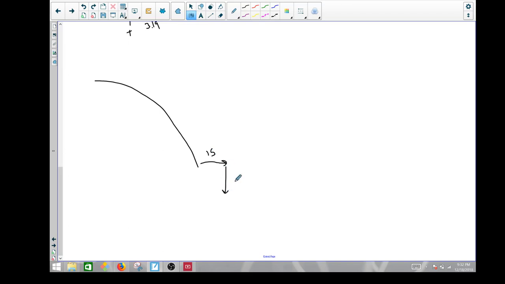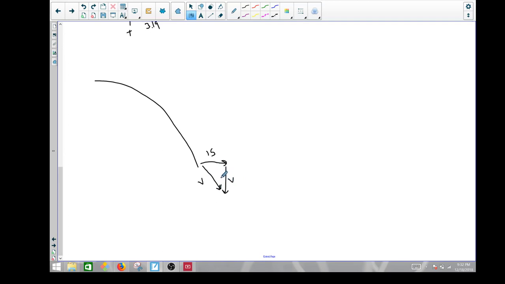The resultant of those two vectors is my overall velocity as I hit the ground, and you can see the triangle. This angle right here is the angle of impact.